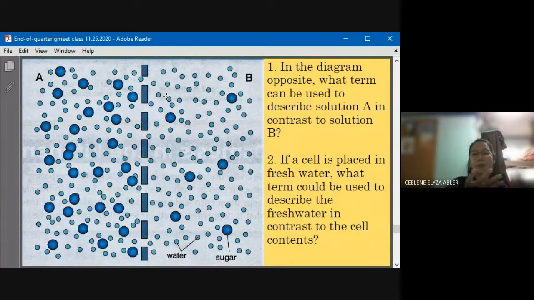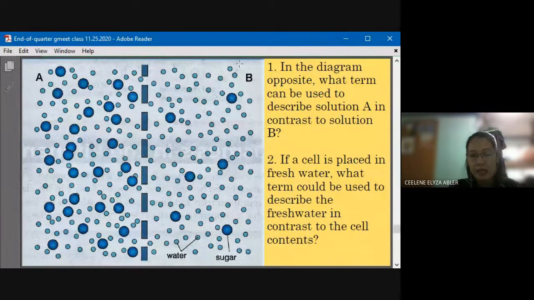Saan ang hypotonic? Remember, tonicity, para malaman mo kaagad saan ang hypertonic, just remember, saan ang mas maraming solutes? Sino ang solute dito? Si sugar. So, si sugar ang solute. Saan mas marami si sugar? Sa kay A or kay B?